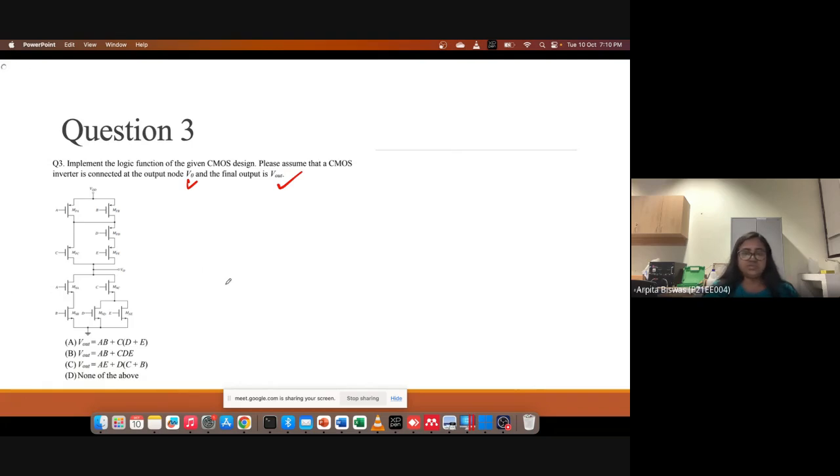So try to find out the answer. See the connection of A, B and C and the D, D or E also.